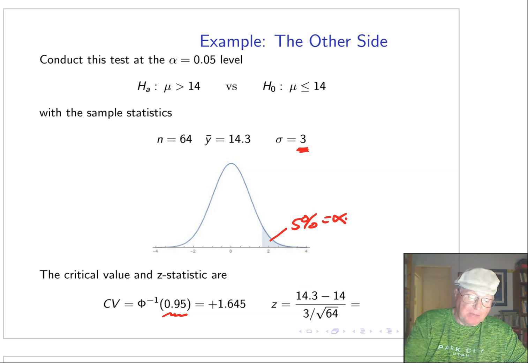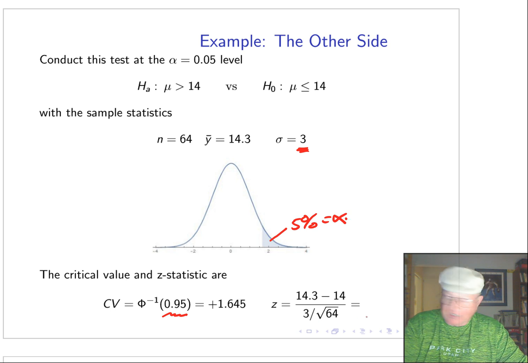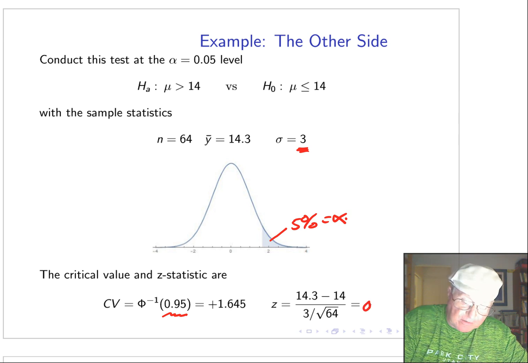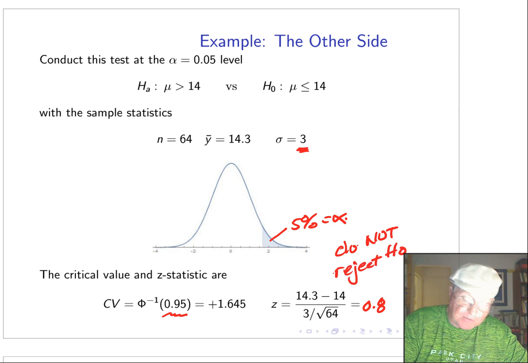Take the sample mean minus the null mean, divide by standard deviation, scaled by the square root of the sample size, and we get 0.8, which does not exceed the critical value, so do not reject the null hypothesis.